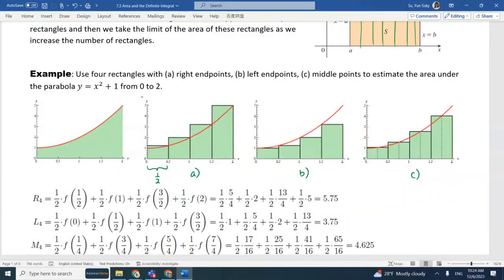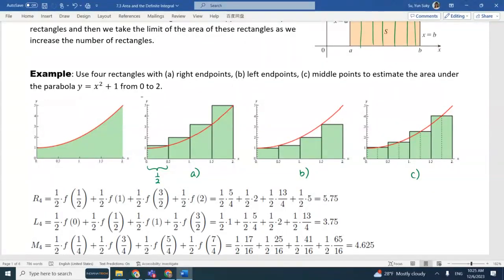So look at part A. R4 means we use the right endpoint as the height, and we cut it into 4 rectangles. L4 means we use the left endpoint to compute the heights with 4 rectangles. M4 means we use the midpoint to calculate the height. Okay, so those are the notations.